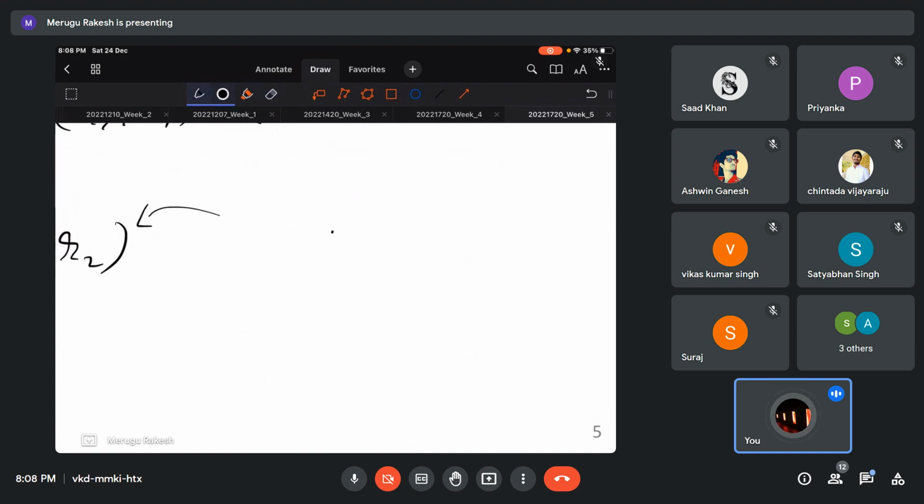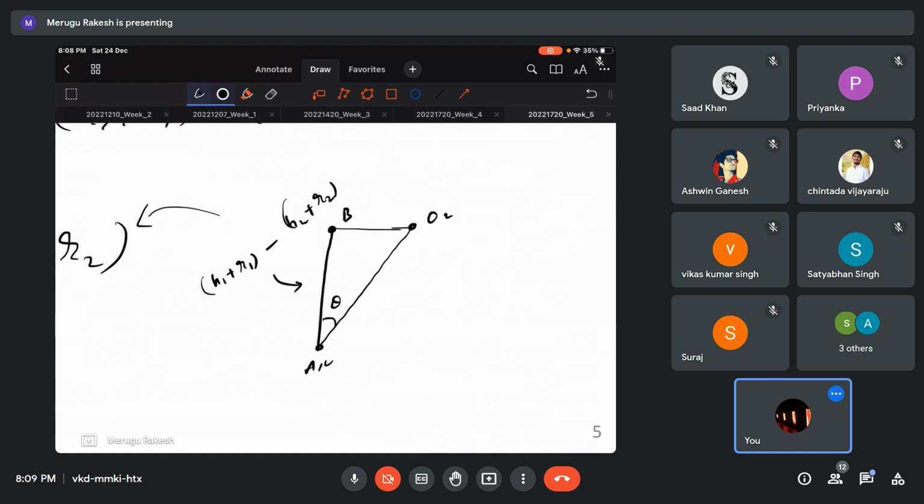So since we have this vertical height, say some a b, that vertical height is H1 plus R1 minus H2 plus R2. So we already have this vertical height, and this will be the theta. Okay.